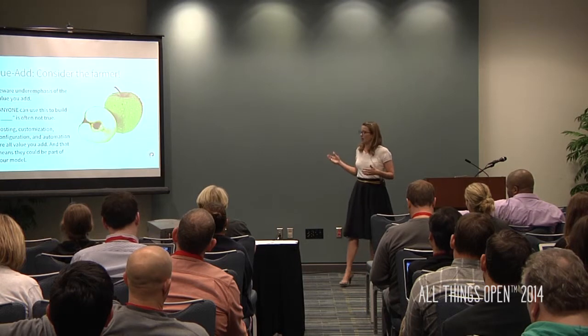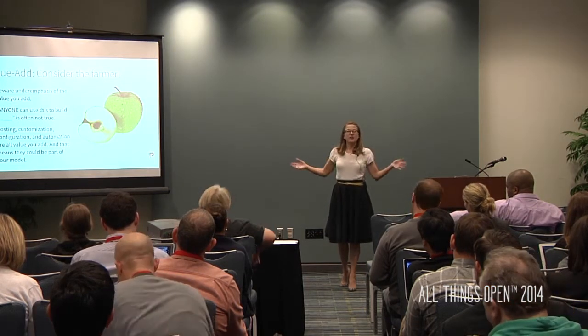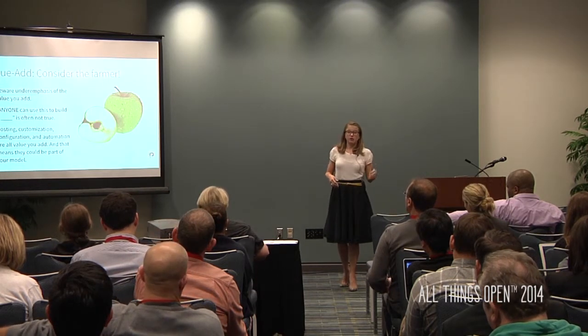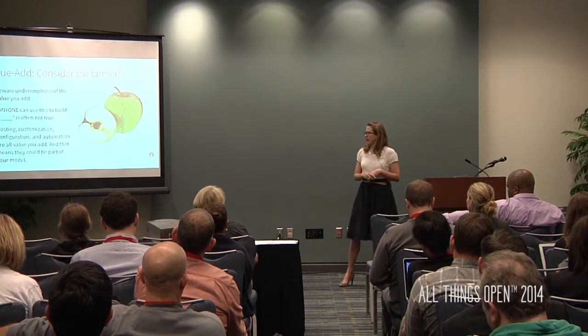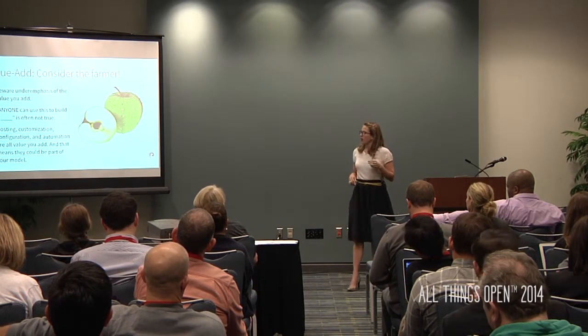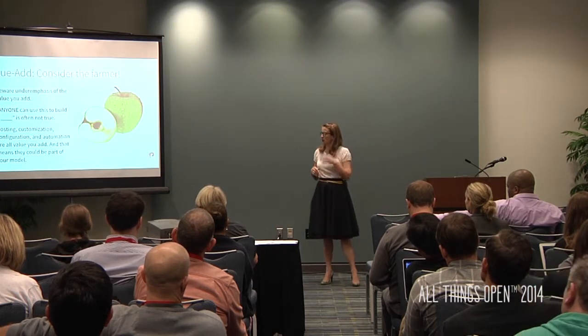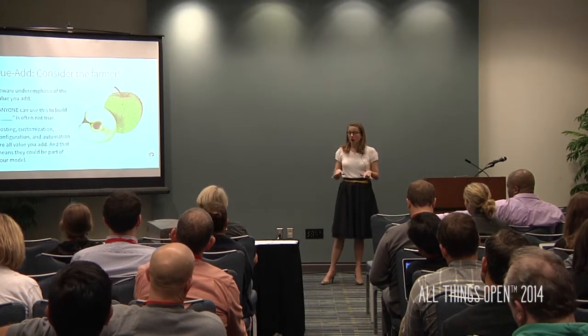The value that's added of the apple is not the apple seed or the fruit that's there, because that's available in a lot of places in a lot of ways. The value is that somebody grew it with organic farming practices and all sorts of great things like that. So beware of underemphasis of the value you add in creating open source products. "Anyone can use this to build a blank" is often not true.